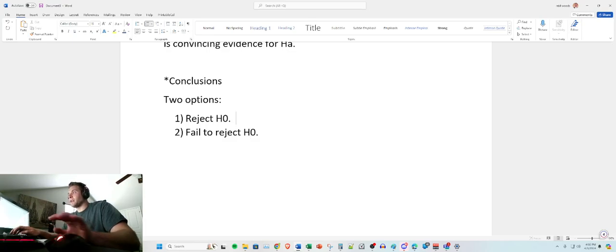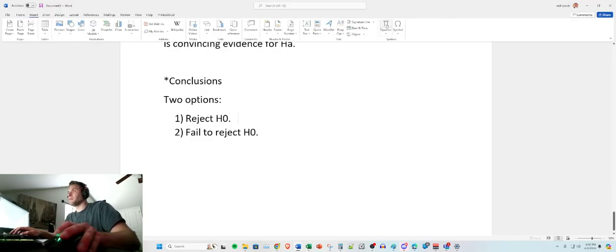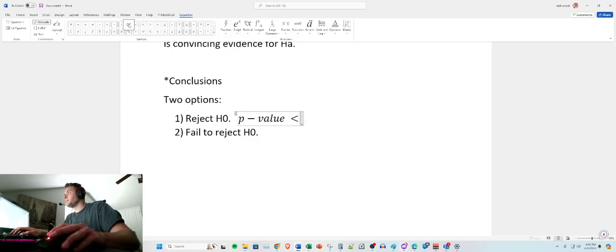And I'm going to add that over here. Actually, let me put it in an equation here. So if the p-value is less than alpha, you reject.